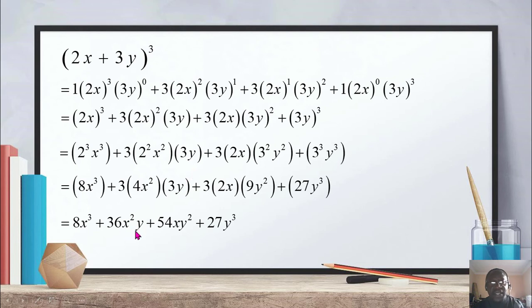So we've got 36x²y. Here we will multiply 3 by 2 by 9, which will give us 54, and we've got x and y squared. And obviously here we simply got 27y³.